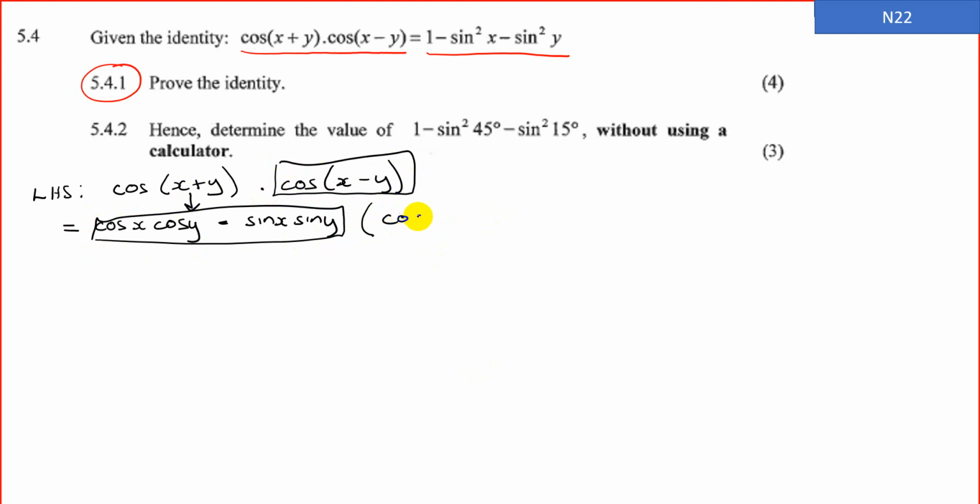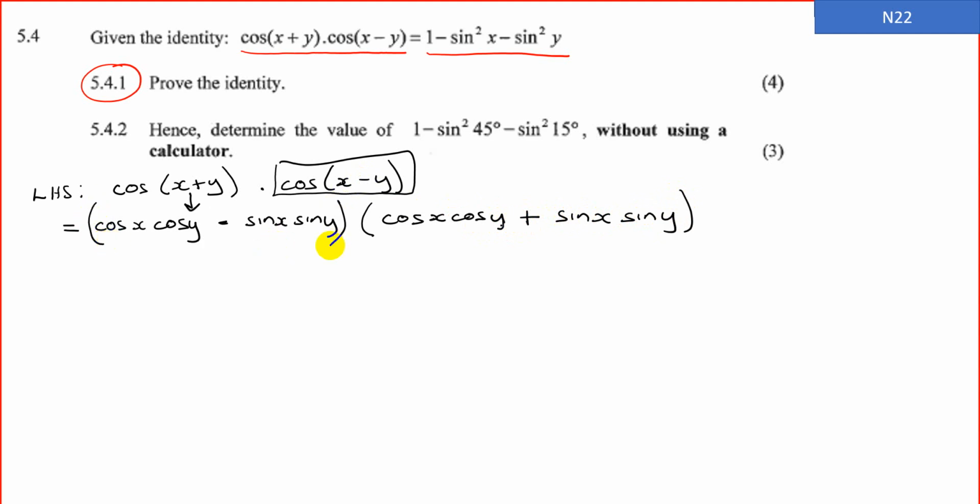And that is following the same trend, cos x cos y, and the minus will change to a plus, sine x sine y. And to write that properly, we have a bracket because we are multiplying. Now you'll notice the terms. The first term in the first bracket is the same as the first term in the second bracket.